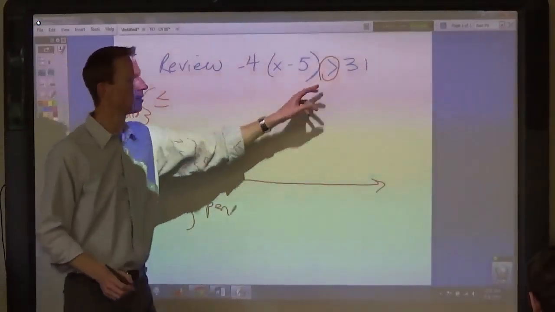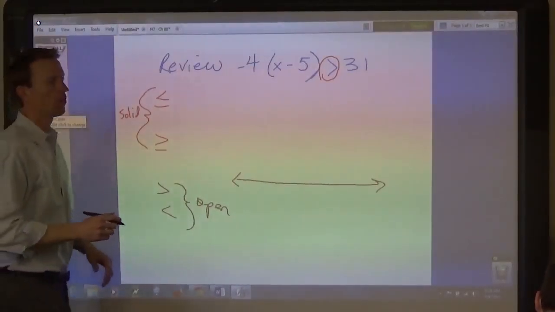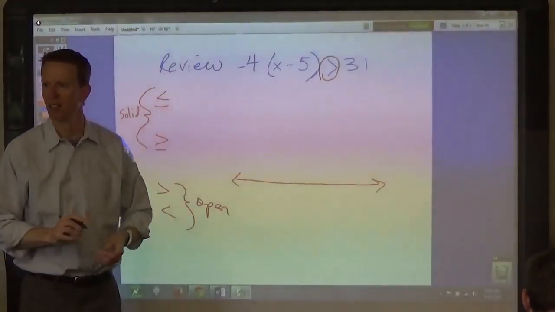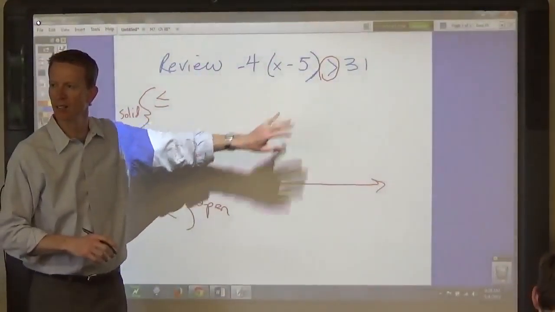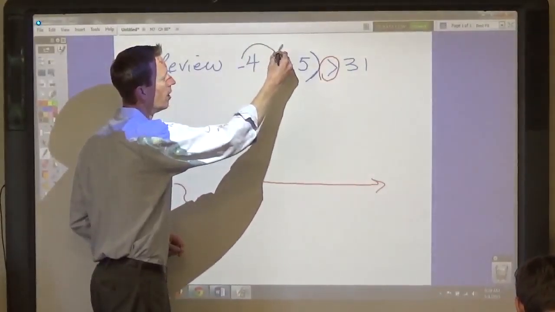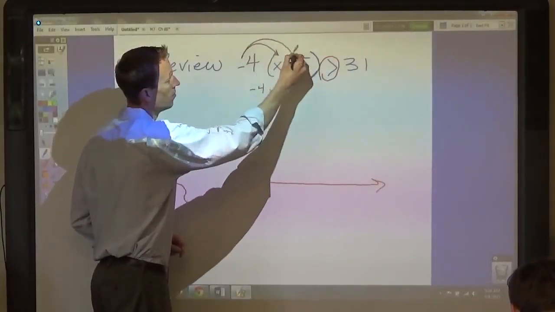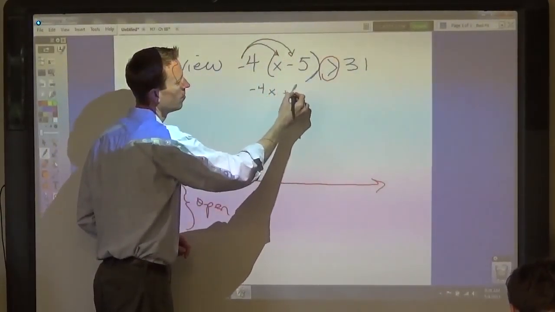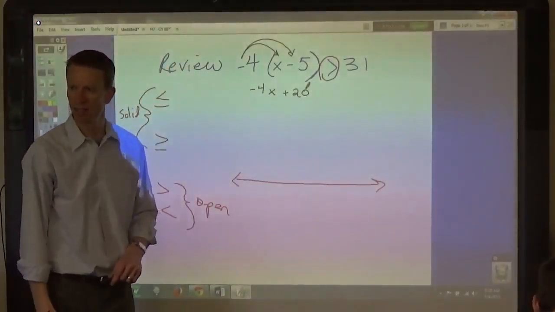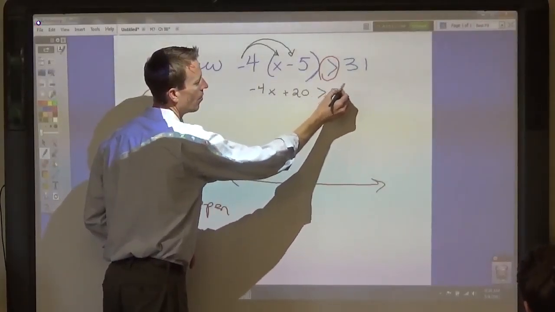So let's solve this. What would we do to solve this then? Solve this for x. First you go -4 times x. Good. And then -4 times -5, which equals 20. Plus 20, greater than 31.